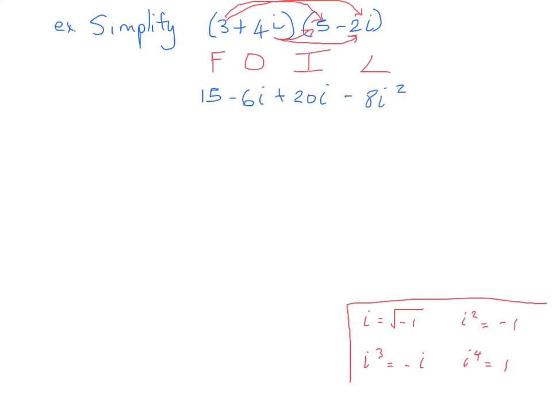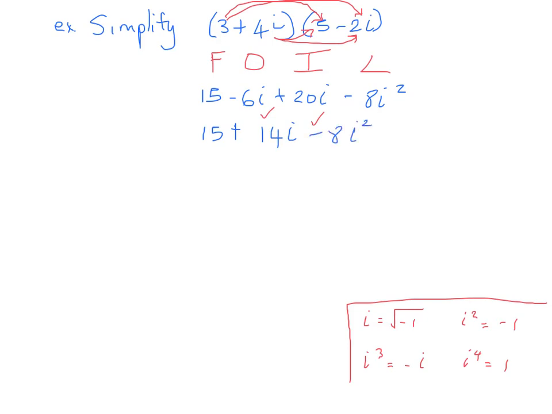Again, we're treating i as if it's a variable, so we have like terms here and here. So we have 15, minus 6i plus 20i gives us plus 14i, minus 8i squared.